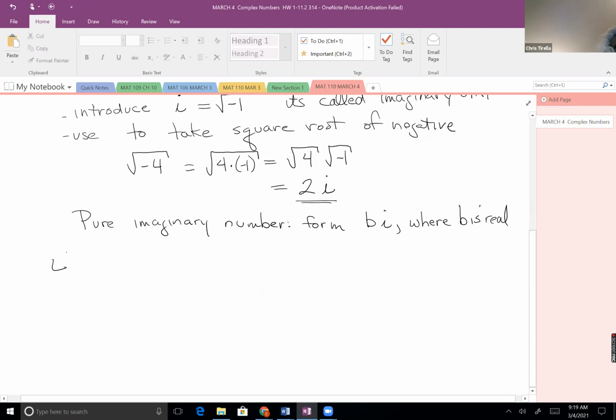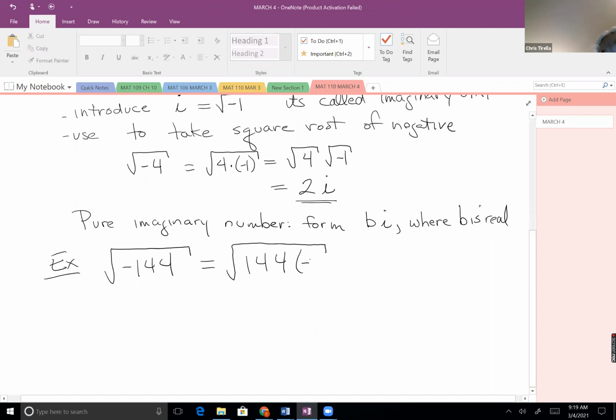Another example, if I want to take the square root of negative 144, if I have a negative radicand, a negative under the radical, when I'm looking at a square root, I'm going to think of factoring out that negative 1. Then I'll take the square root of the 144, which is 12, and the square root of the negative 1, which is i.